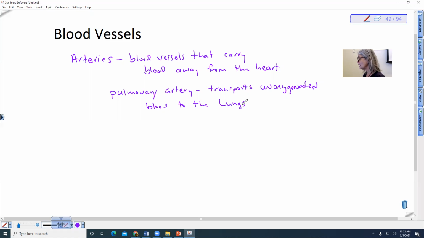So the vast majority of arteries, therefore, are carrying oxygenated blood, and they're also carrying blood under high pressure relative to the other types of blood vessels. So the majority carry O2 rich blood, hence they are red in the diagrams.